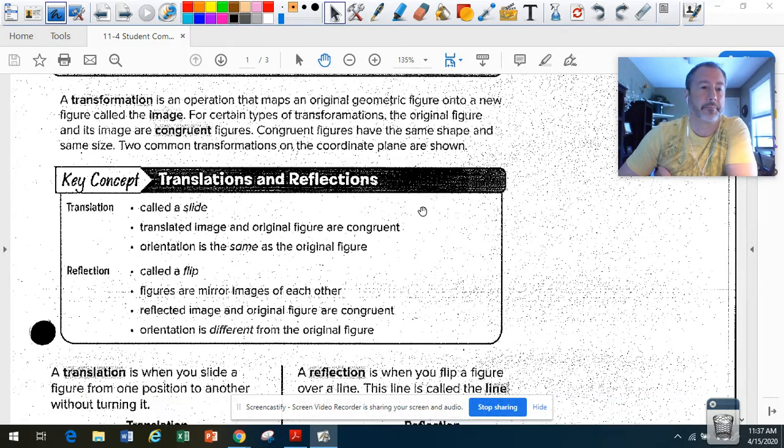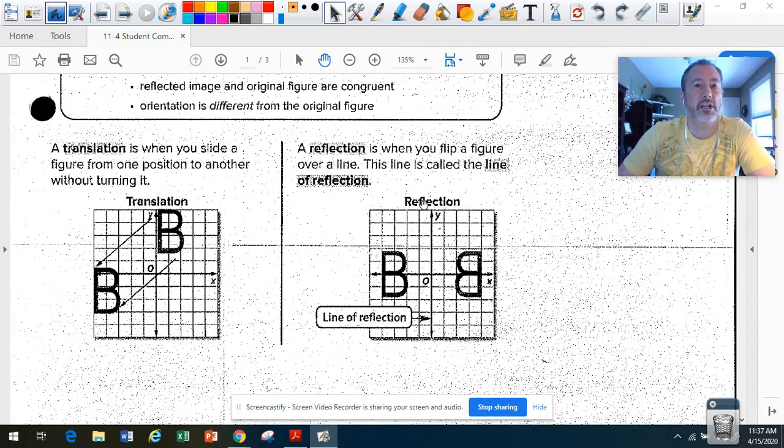Scroll down here now. So it says, let's look here at a transformation. Here is an example of a transformation. Well, if you remember, we called this a slide, okay? We're going to slide a figure from one position to another position.